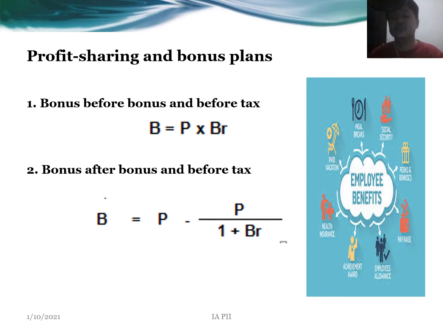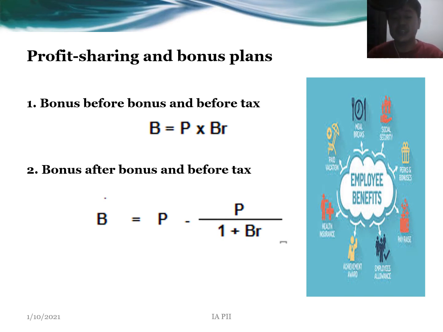As you can see, it is before tax again, so the tax has no bearing and there is no tax in the formula. What you do is determine the profit after bonus, then take the difference between the profit and the profit after bonus. How do you compute the profit after bonus?